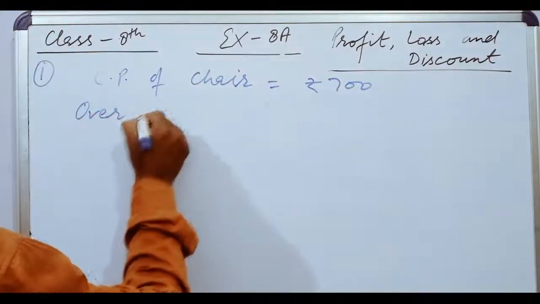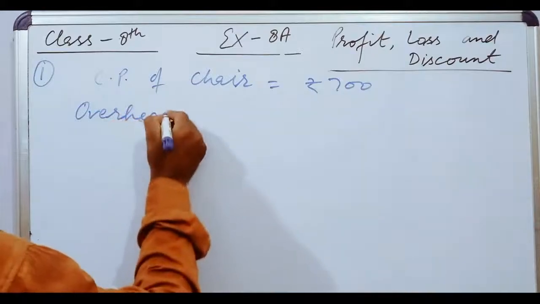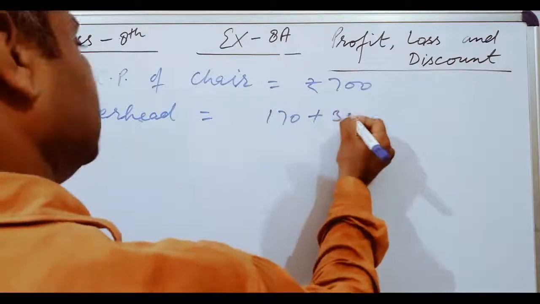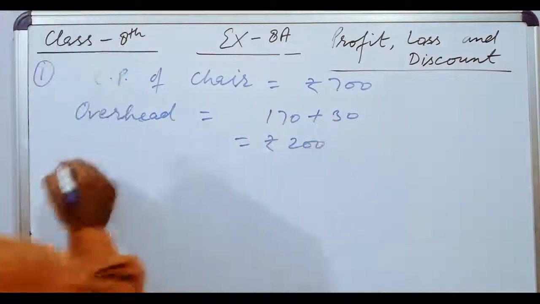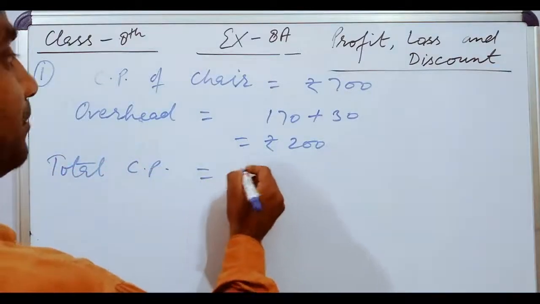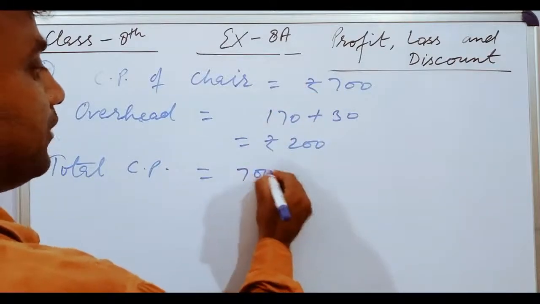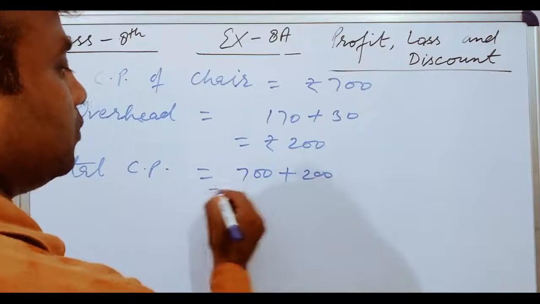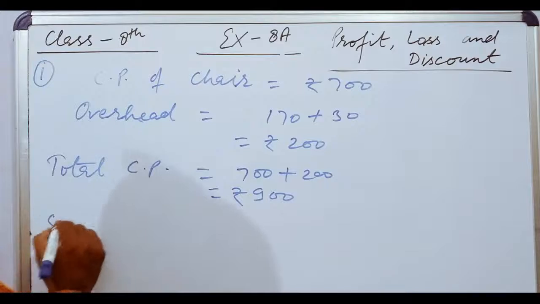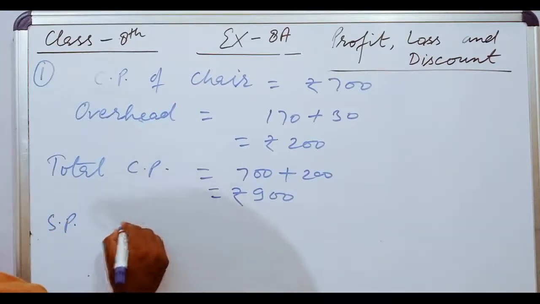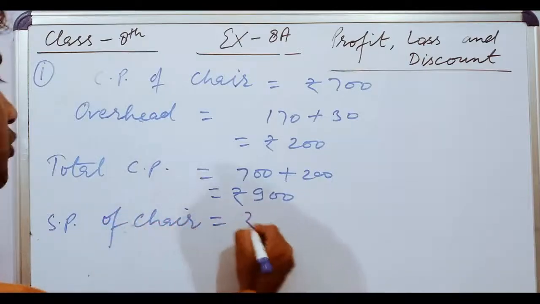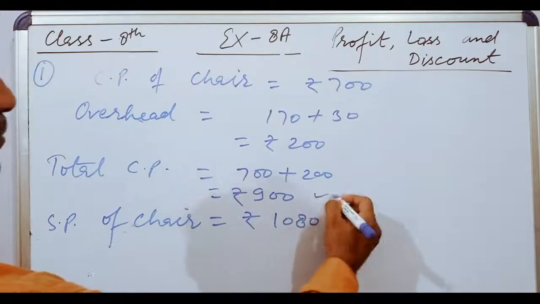Overhead means extra expenditure, 170 plus 30, means rupees 200. Then total CP equals CP plus overhead, 700 plus 200 equals 900 rupees. Then SP of chair equals rupees 1080.